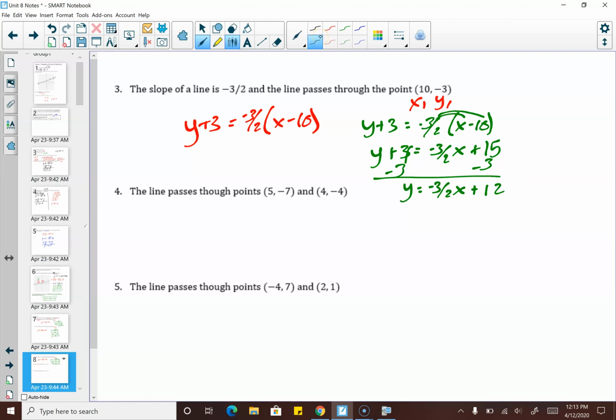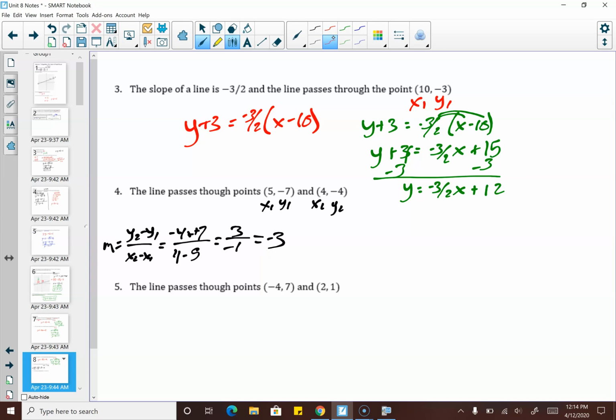For 4 and 5, we have a little bit extra work to do because it didn't tell us the slope. So what we have to do is we have to take a second here to find our slopes so that we're able to work here. So I have -4 minus -7 over 4 minus 5. This gives me a plus, so positive 3 over -1, which is really just a slope of -3.